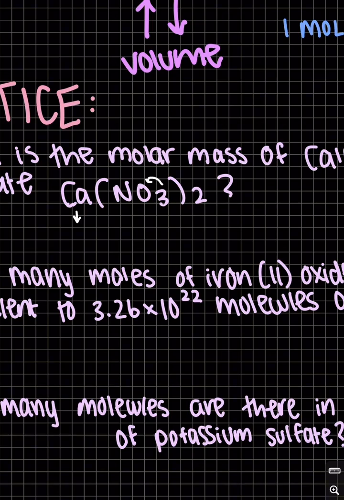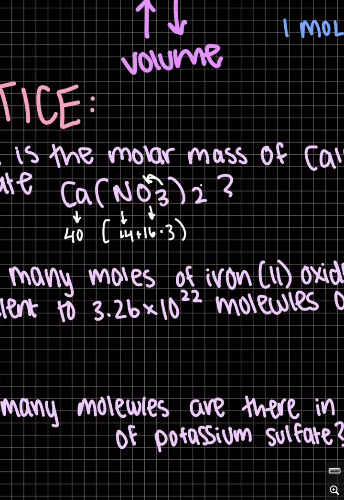So calcium, I know from the periodic table, is 40. That's its atomic mass. And then I know nitrogen is 14. And I know oxygen is 16, but there's 3 oxygen, meaning that you apply the 3. There's 3 16s technically. So 16 times 3.